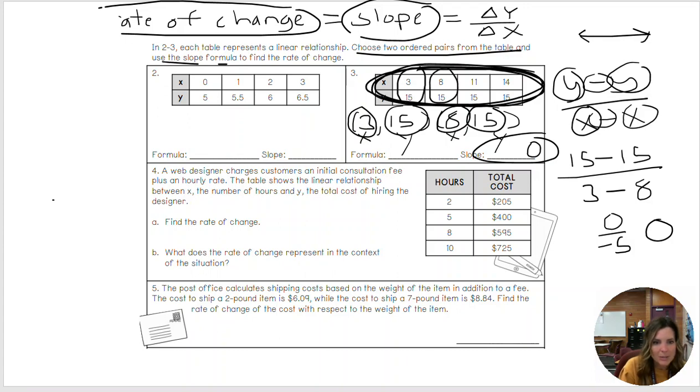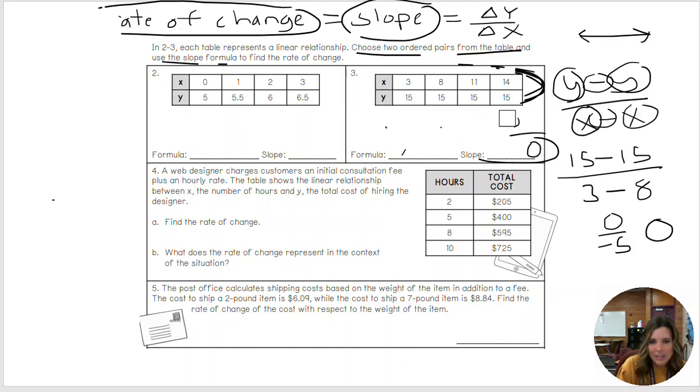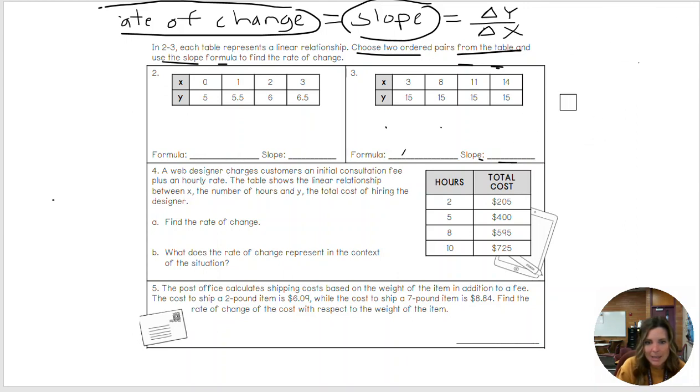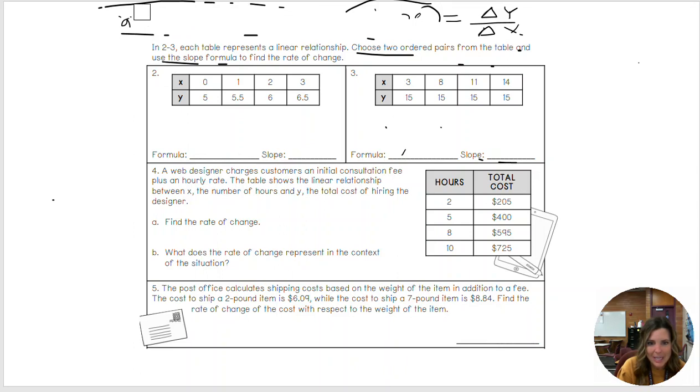So if you want to find out what your rate of change is for number 4, it says that a web designer charges customers an initial consultation fee plus an hourly rate. The table shows the linear relationship between X, the number of hours, and Y, the total cost of hiring the designer. So a web designer is someone who designs websites. That's what they do.